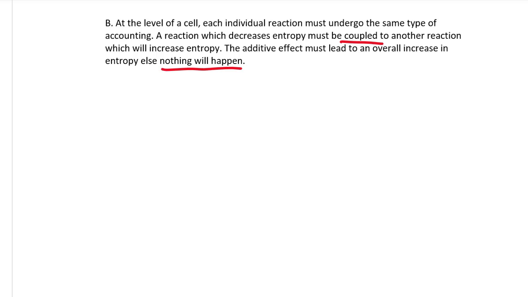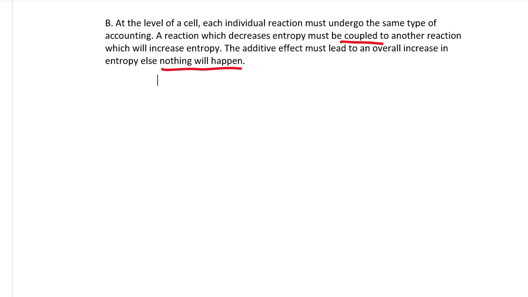If two reactions, or two processes, are coupled to each other, it doesn't have to be two chemical reactions. You could have a chemical reaction coupled to a physical reaction, or a physical reaction coupled to a chemical reaction, or two chemical reactions coupled to each other, etc. But overall, if one is decreasing entropy, the other one has to increase entropy even more.